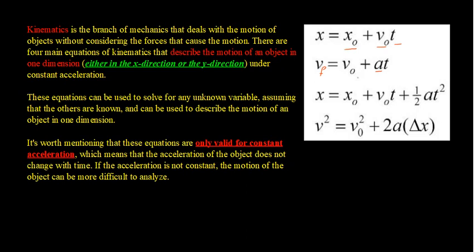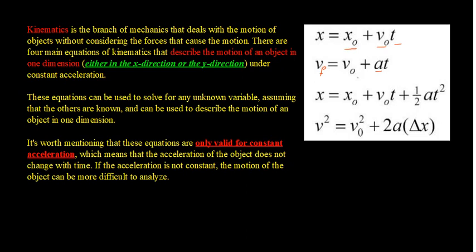Usually these equations can be used to solve for any unknown variable of these four: the velocity, the acceleration, the distance, and the time, assuming the other ones are already known.